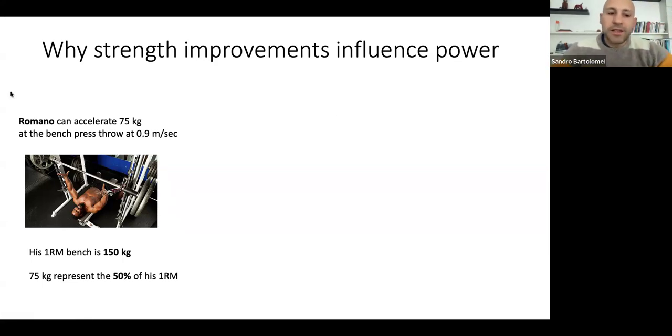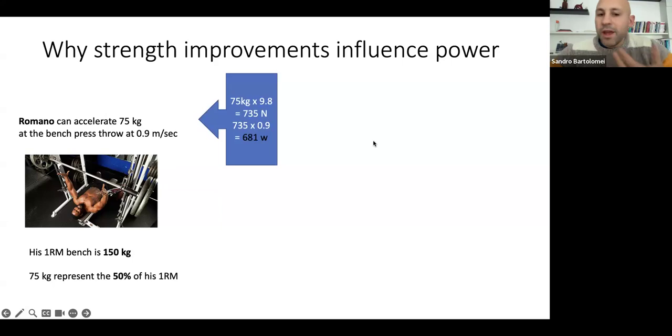But why do improvements in maximum strength influence power? Because, for example, if this individual, Romano, can accelerate 75 kilograms at the bench press throw at 0.9 meters per second, and his 1RM is 150 kilograms, that load, 75 kilos, represents 50% of 1RM. We can calculate the power by multiplying the force, that is actually the weight, the load on the bar, multiplied by 9.8 in order to obtain Newtons.